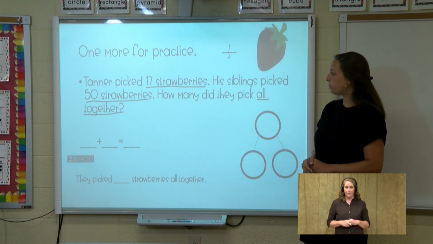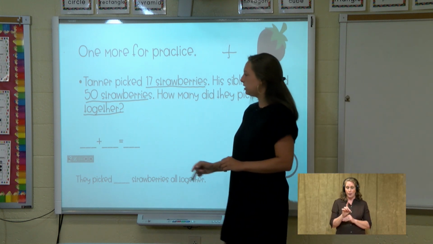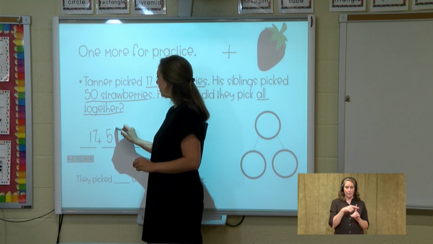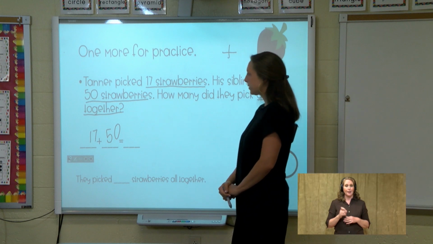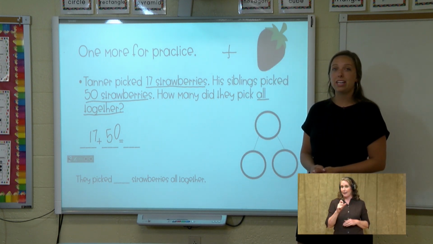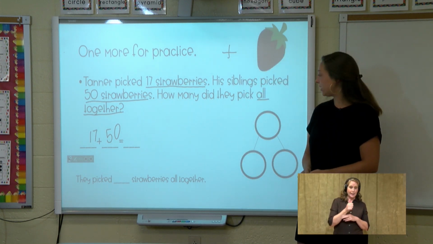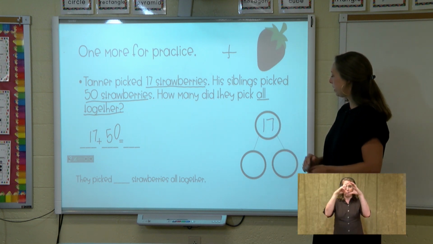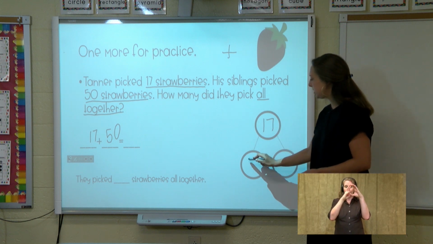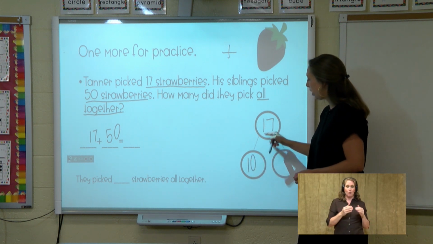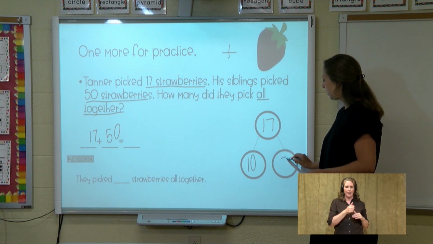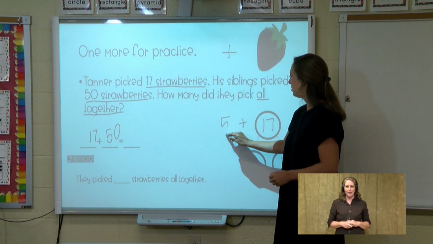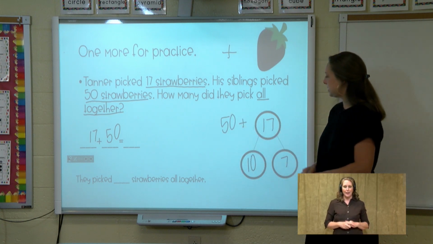You can fill in your number bond and fill in the equation. 17 plus 50 gives us what? Even if you want to go ahead and add by your tens and ones, that's fine. We're going to put 17 in our number bond. We're going to break 17. We know that's 1 rod and 7 cubes. We're adding 50 to the 17.